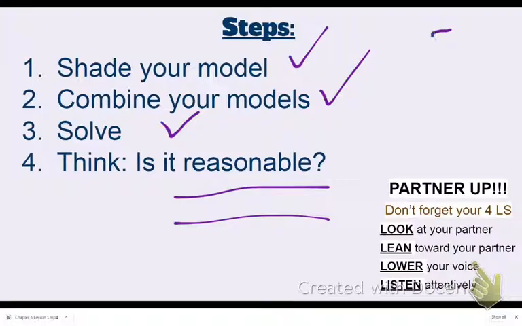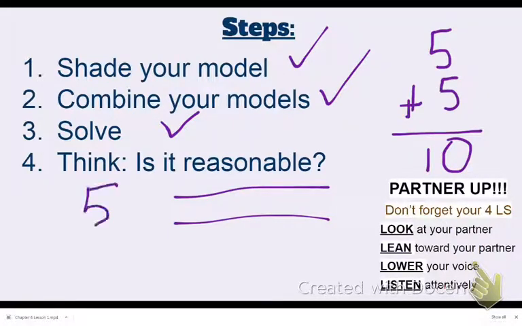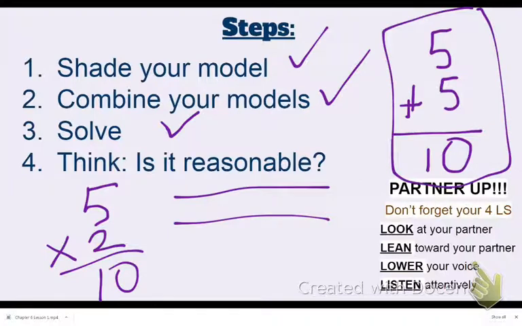Just like we had whole numbers, 5 plus 5, when we combine it, we can see that it equals 10. Or we could do 5 times 2, which equals 10, right? We can either add by combining, or we can multiply to solve a problem like this.